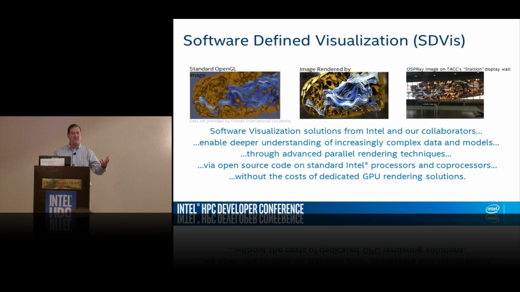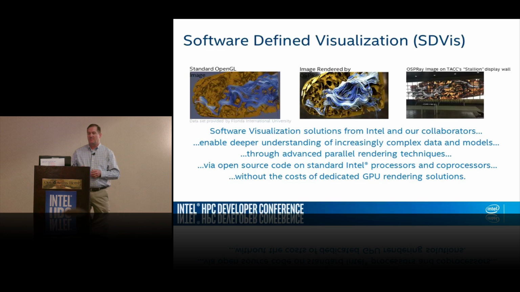Again, this is sort of a repeat from before, but a different look. Our visualization solutions that we've put together with our partners, which we're going to talk about today and tomorrow, have the goal of enabling that deeper understanding, using the parallelism that's in the machine to bring that about, and then utilizing open source for more and more collaboration, so that people are, one, comfortable with the solutions, and two, can adapt the solutions to their specific needs and not have to go to the well or license something special.